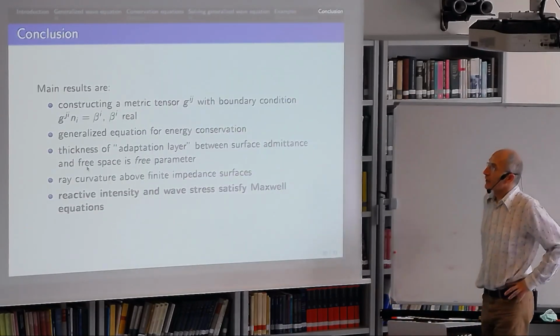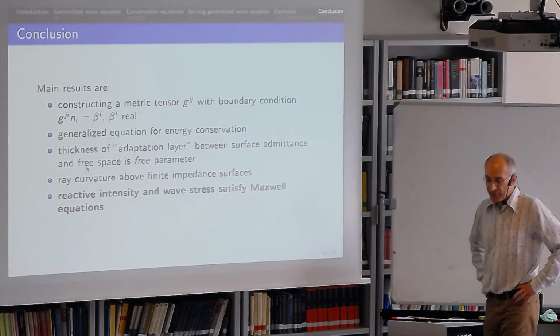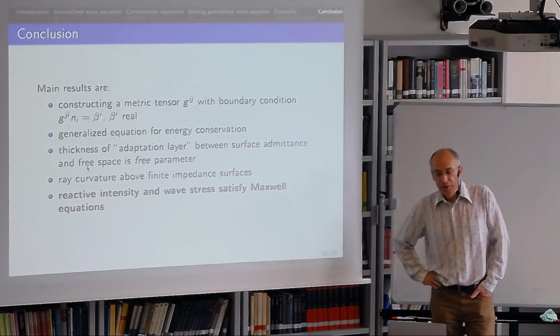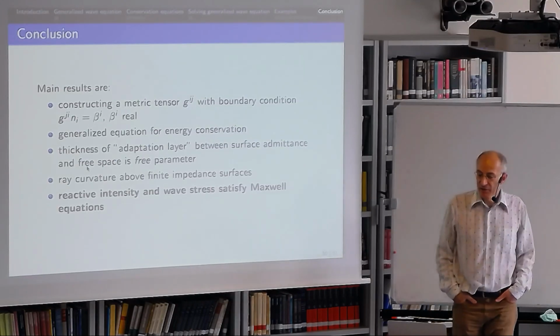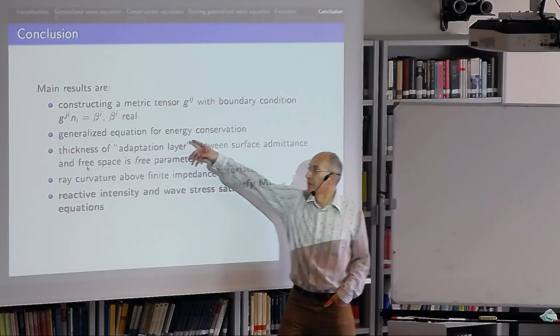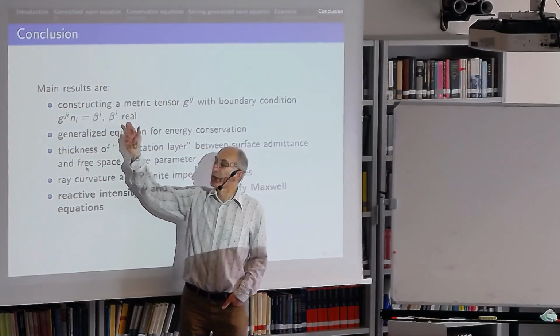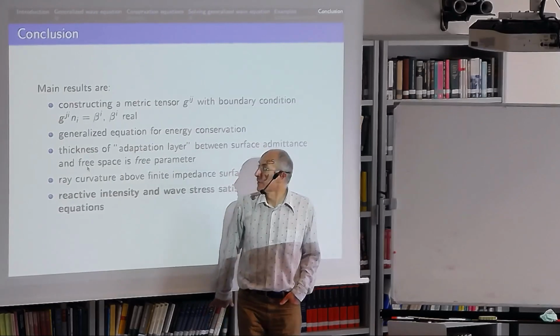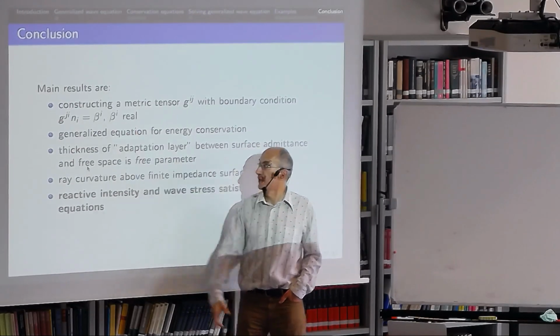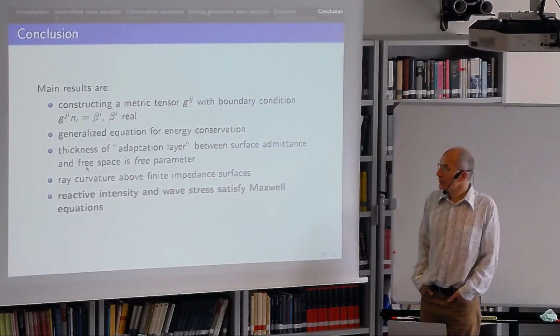So to conclude, the main results are that we've been constructing a metric tensor with boundary conditions, where, I repeat, we have looked at the particular case where these generalized impedances are all real.